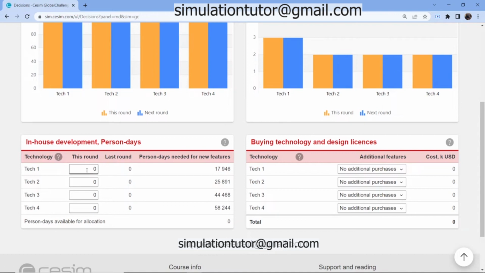With in-house development, you develop your product, but it's a bit expensive, and it will come into place in the following round, so it takes more time compared to buying technology, which has an immediate effect because it will be used right away. Although it's more expensive, it takes less time.